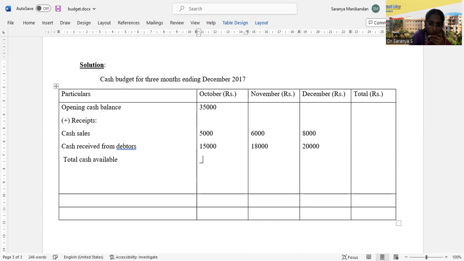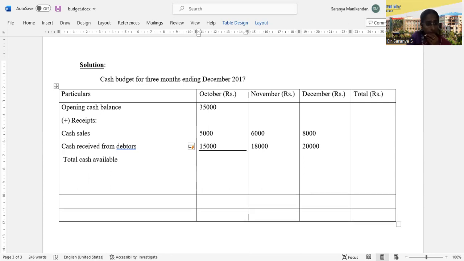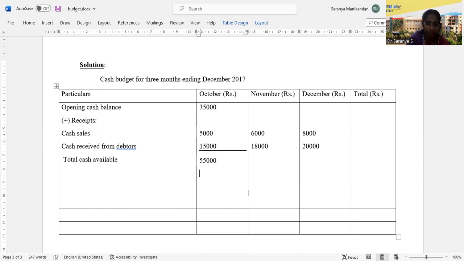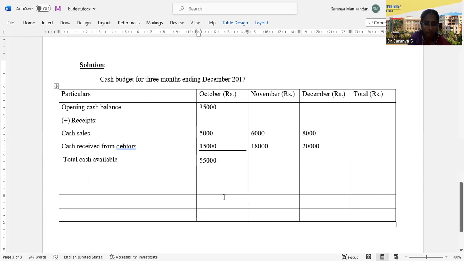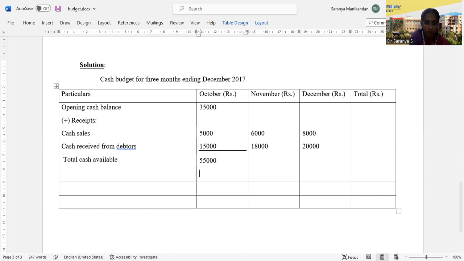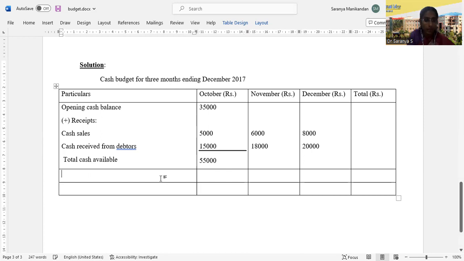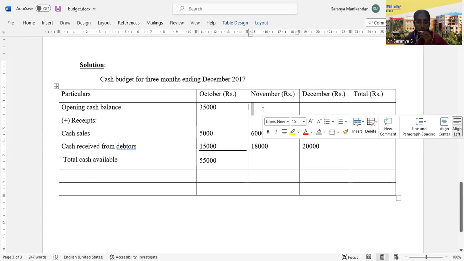So when you do the total, you will get 55,000. We got 55,000. And the next, we cannot find out the total cash availability for the next 2 months because opening balance is not yet done.